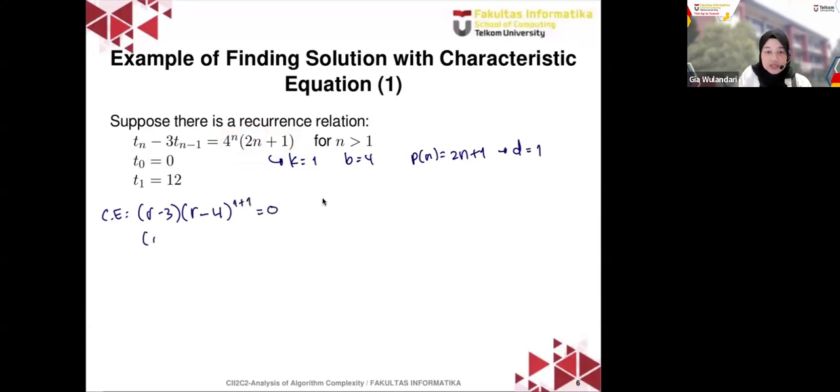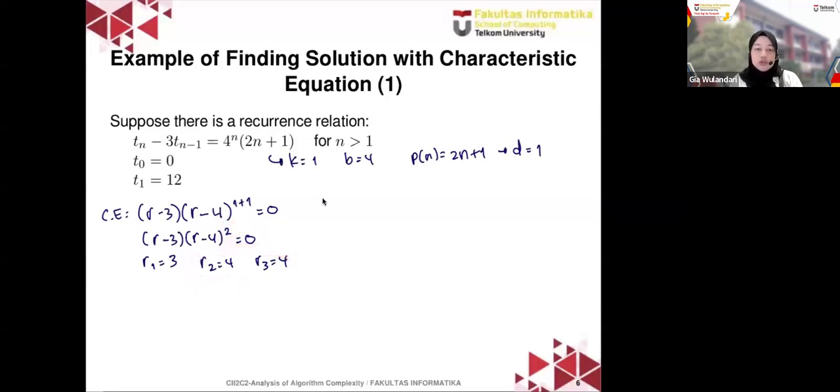So it is basically r minus 3, r minus 4 squared equals 0. So we have r1 is 3, r2 is 4, and r3 is 4 as well. Okay, because we have power 2 here, quadratic function.